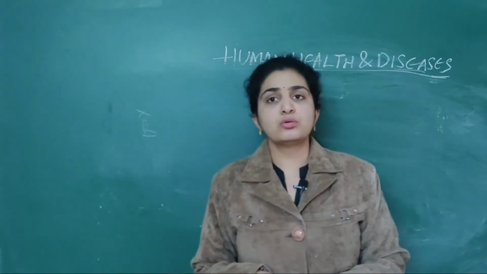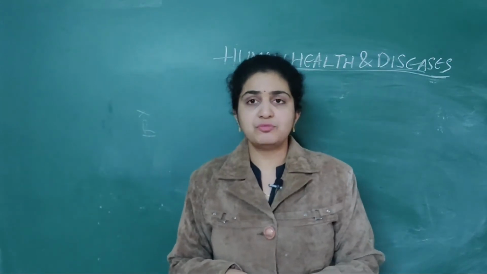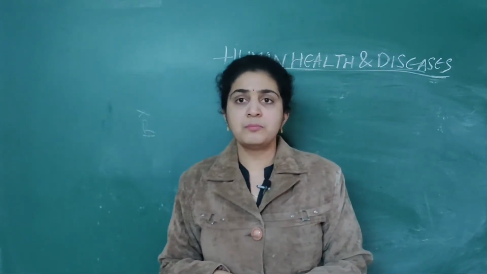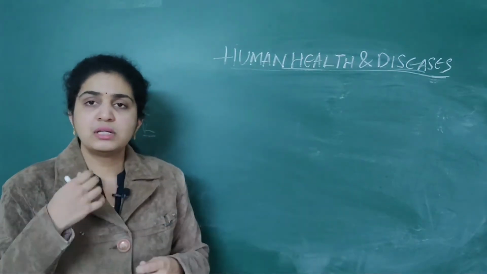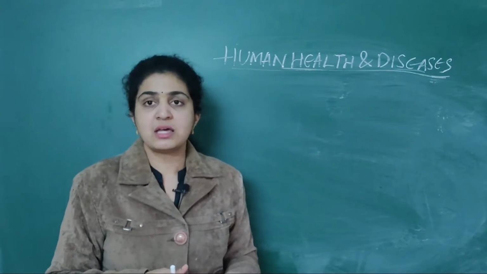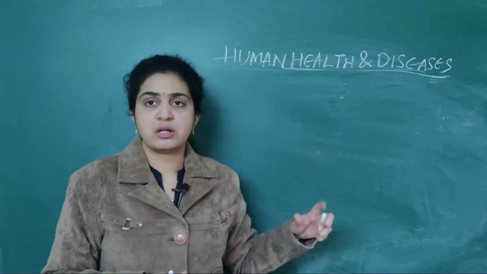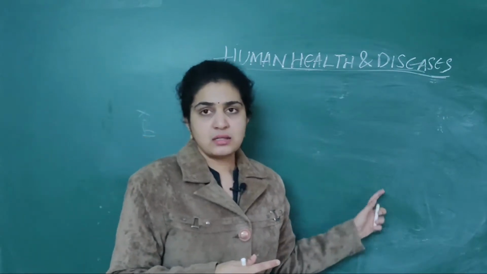So what is the role of primary lymphoid organs? In primary lymphoid organs, the origin and maturation of lymphocytes take place. Where these lymphocytes will go and act is the secondary lymphoid organs.